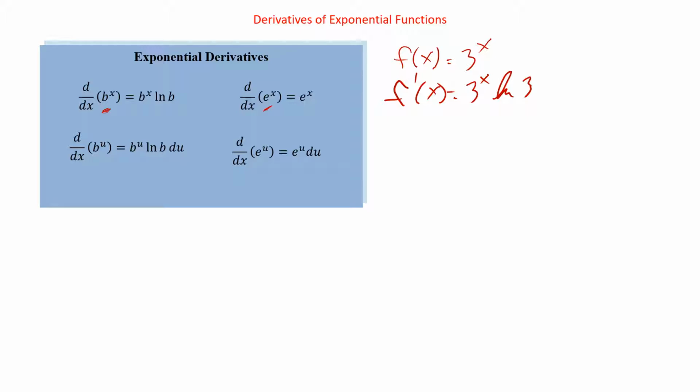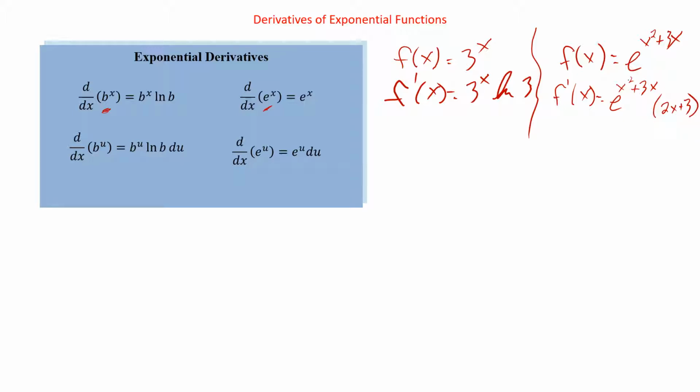But today you're going to get things like f of x equals e to the x squared plus 3x. So the derivative is going to be the same thing, e to the x squared plus 3x, times the derivative of the exponent, 2x plus 3, and done.